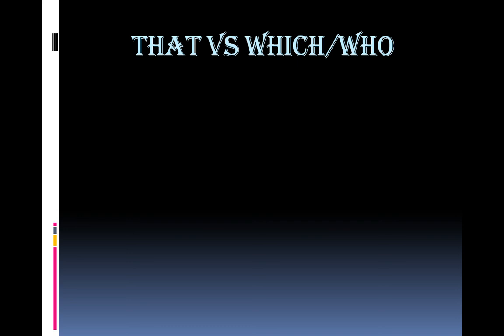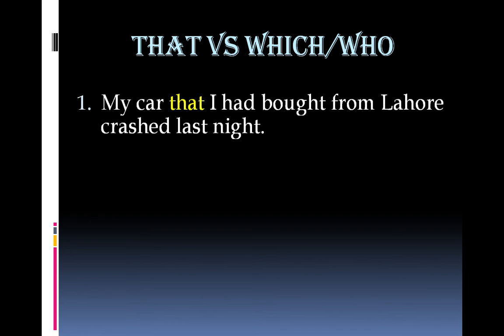What's the difference between restrictive and non-restrictive relative clauses? Restrictive relative clauses are used when it's important to make it clear which person or thing is talked about. In non-restrictive relative clauses, the relative clause is not important for identification, it's simply adding more information. Let's have examples.